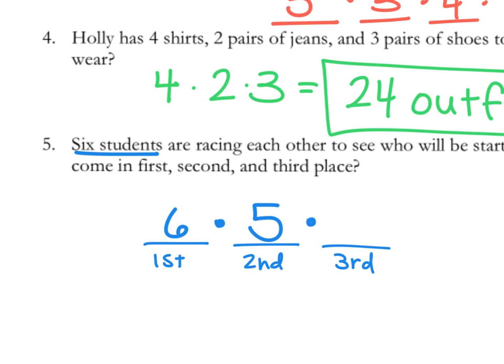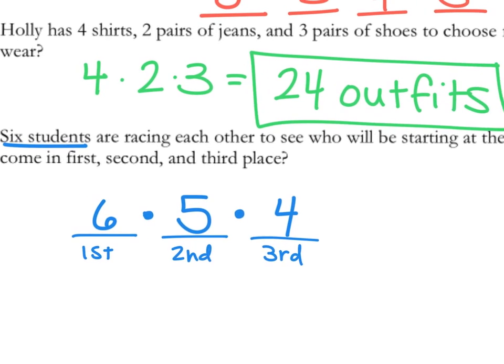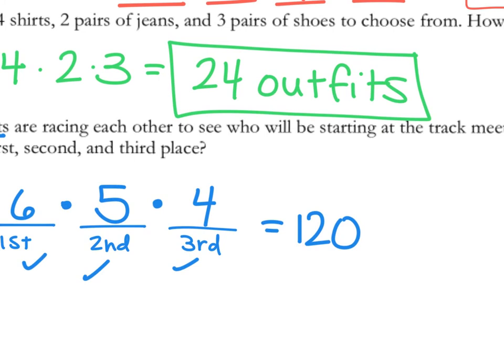For the same reason, now I already have someone in first, and I already have someone in second, so there's still 4 people left to possibly come into third. So this problem, and that's why we call it the slot method, we kind of drew out 3 slots, and we fill in the numbers. So this is 6 times 5 times 4, and that's 120. So there's 120 different ways that we can get a first, second, and third place winner.